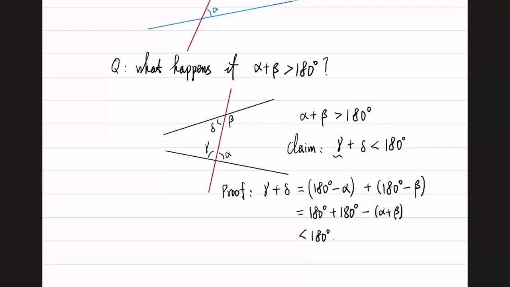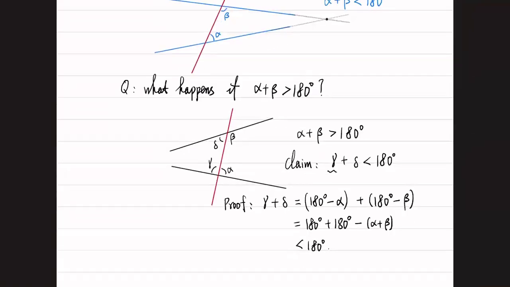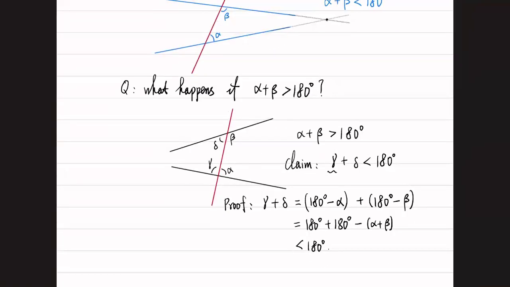With this new information at hand, we conclude by the parallel postulate that they will intersect on this side.